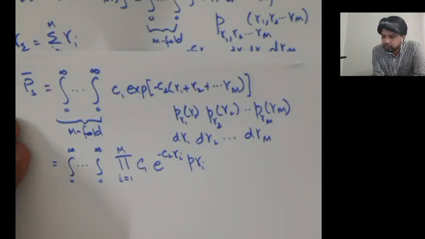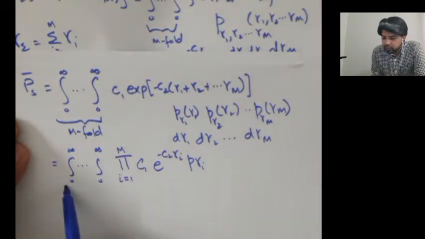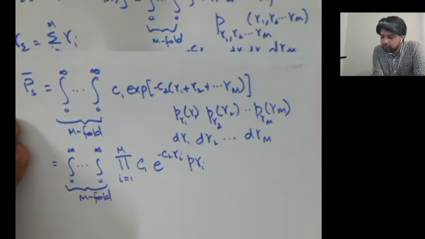So now, once you have this, you can interchange the order of the integration and the product. So this is an M-fold integral, and in an M-fold integral you are taking the product of these individual terms. Once you interchange the order of the product and this integration, you would only have one integral to deal with.